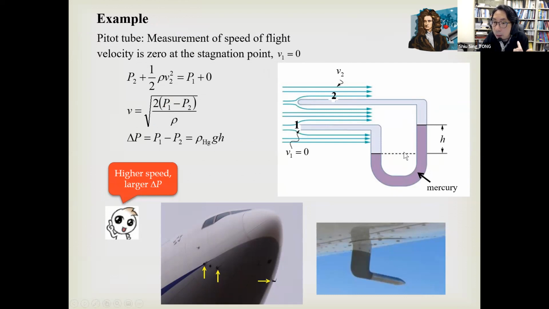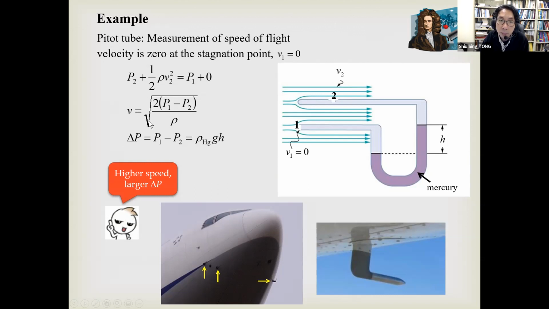And we assume that the two sides of the mercury column differ by a height of h. And that measures the pressure difference between these two sides. Bernoulli's principle says that P2 plus half rho V2 squared is equal to P1 plus half rho V1 squared, but V1 is 0. So we have this equation, and we can solve for V2, which is essentially the velocity of the airplane.